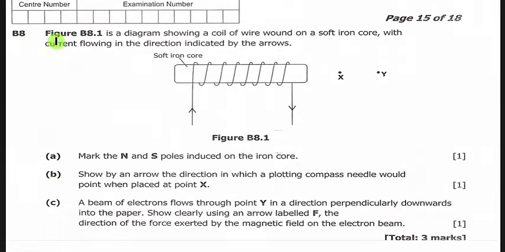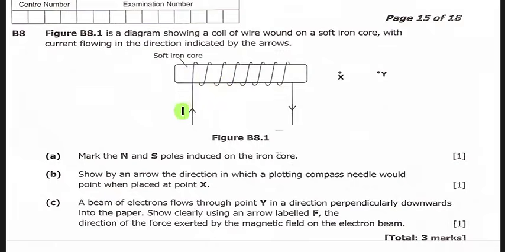B8 says figure B8.1 is a diagram showing a coil of wire wound on a soft iron core with current flowing in the direction indicated by the arrows. So we have this diagram here showing a coil of wire wound on a soft iron core.